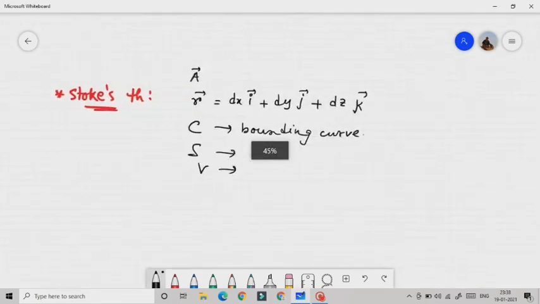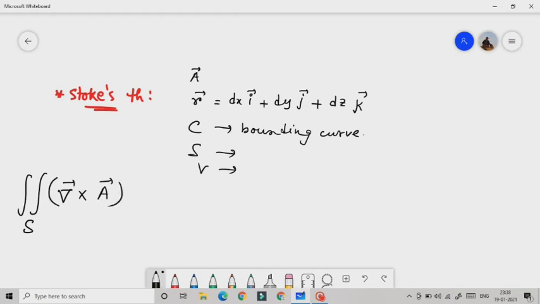In that case, Stokes theorem says that the surface integral of the curl of this vector A dot n vector dS is nothing but this line integral of A dot dr. So it is a relationship between the surface integral and the line integral.